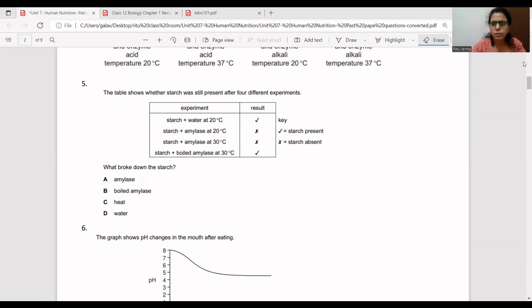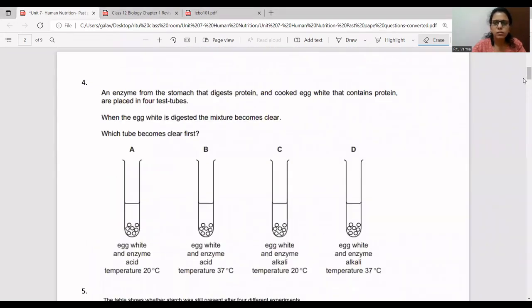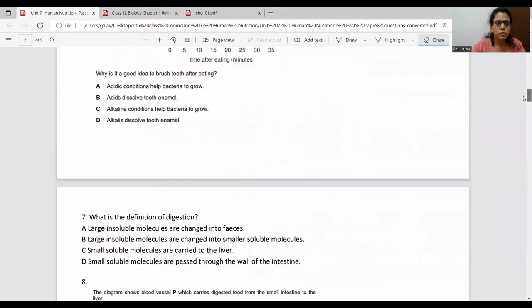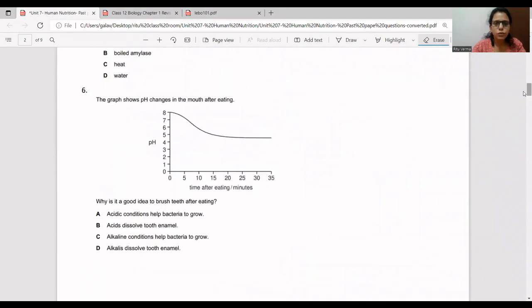Next question is question number 6. The graph shows pH changes in the mouth after eating. So after eating, how does the pH change in the mouth? This is pH on the y-axis, and time after eating in minutes. Initially the pH was high.